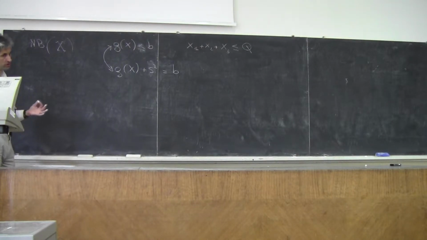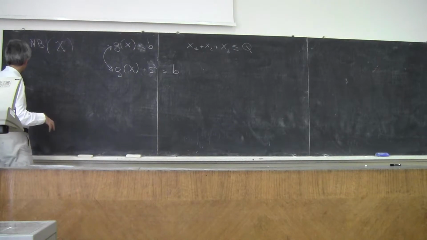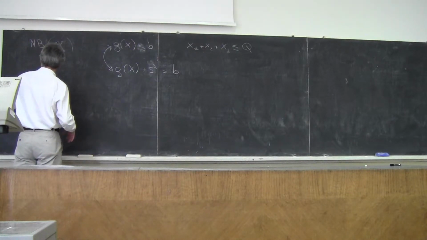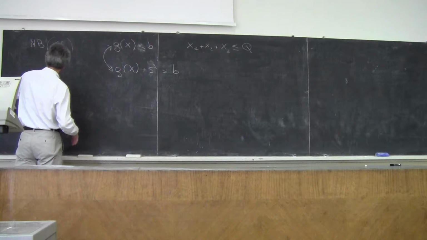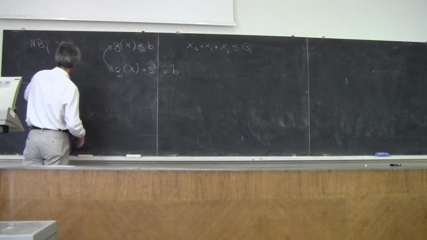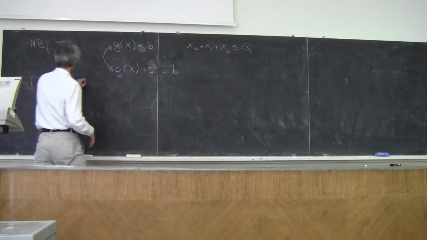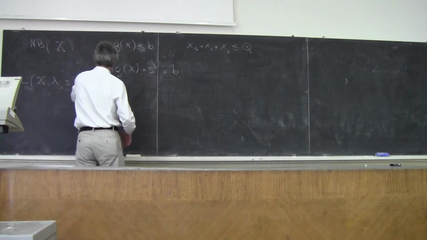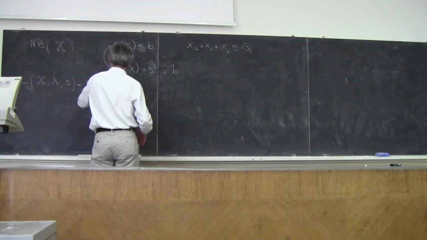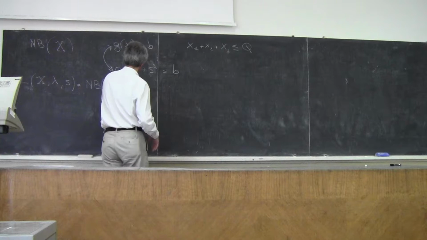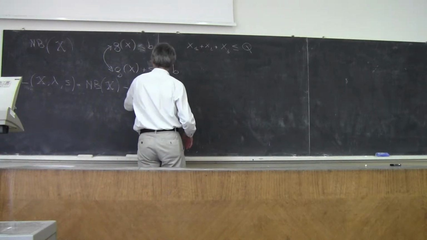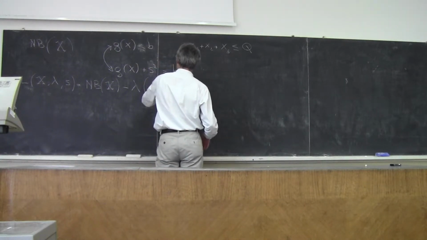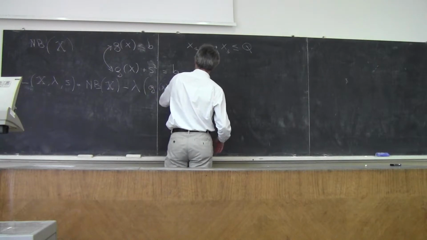but I have one more additional variable. But that's fine. Let me write the Lagrangian in this way. L(x, lambda, s) is equal to f(x) minus lambda, which multiplies g(x) plus s squared minus b.